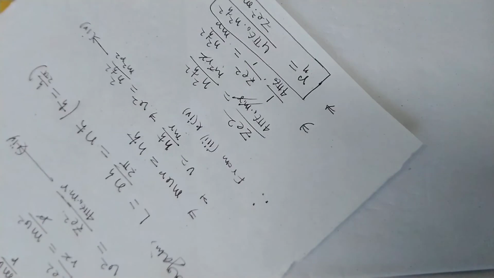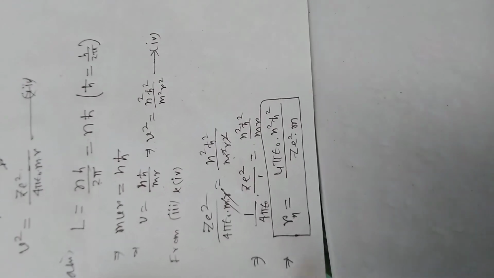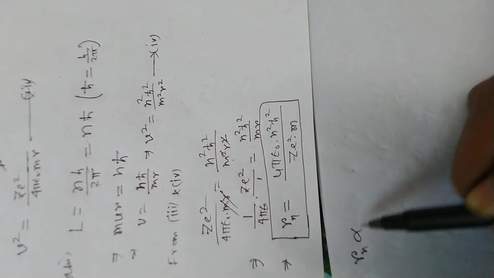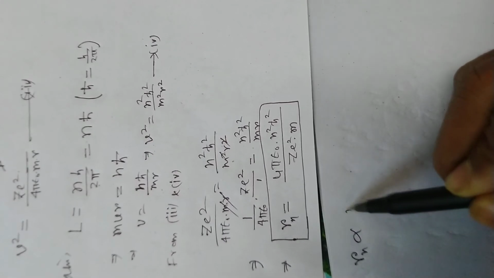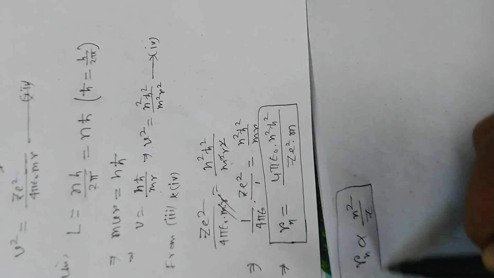Now from this equation we have to understand a very important concept. It is clear that Rn is proportional to n square divided by z. So you must remember this relation.